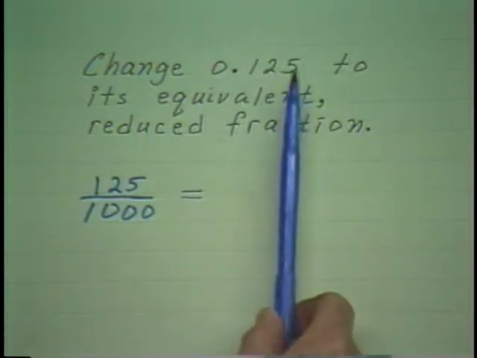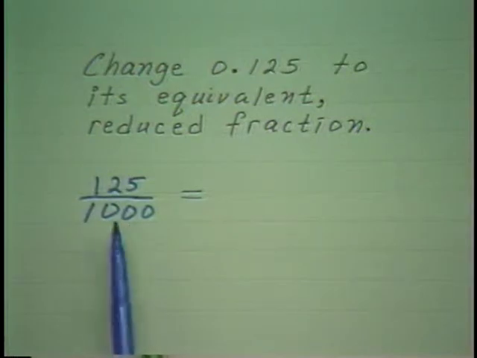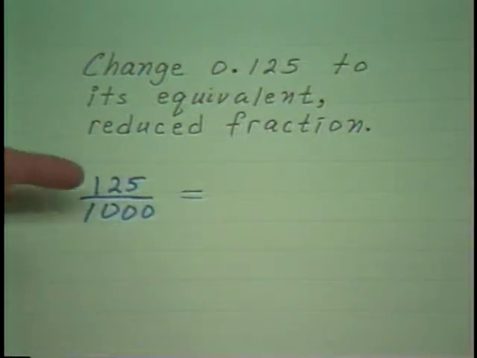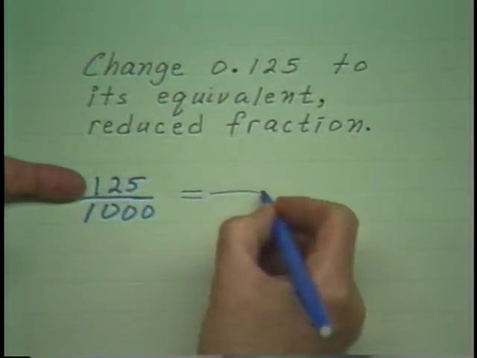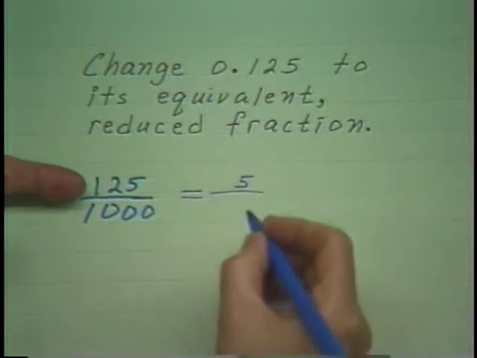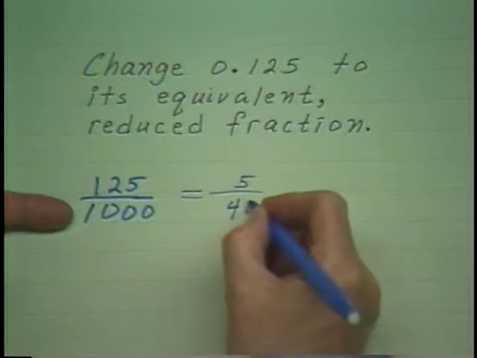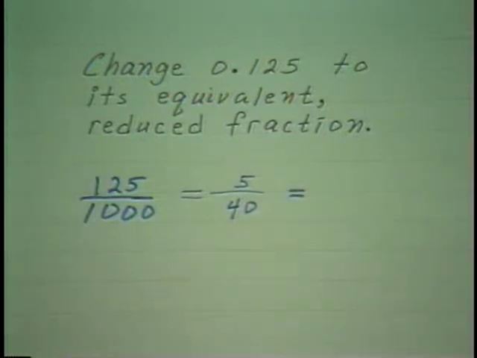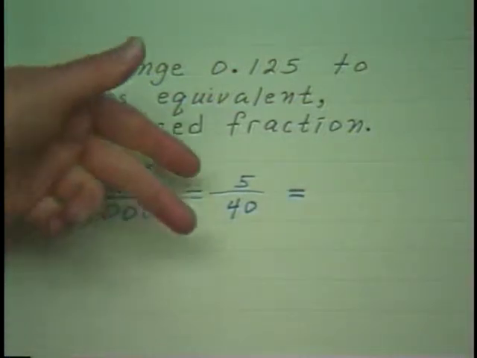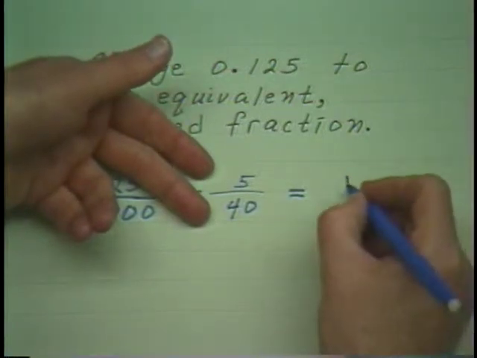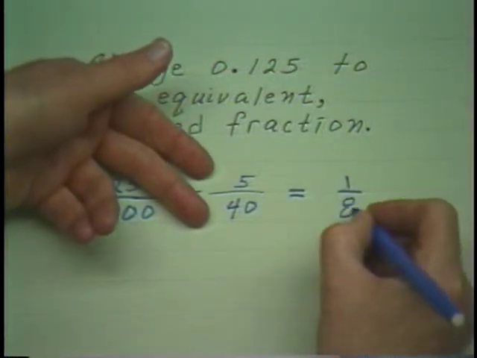If that ever happens, then the fraction you have will also divide by 25. 25 goes into the top 5 times, and 25 goes into the denominator 40 times. And of course, this fraction is reducible by another 5, which gives me 1/8.